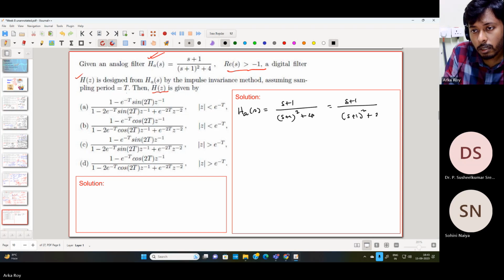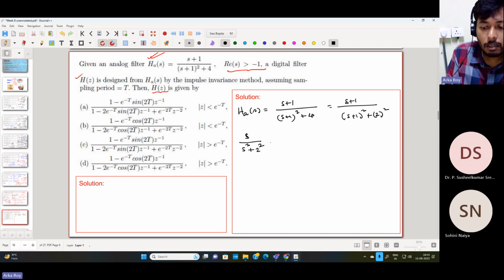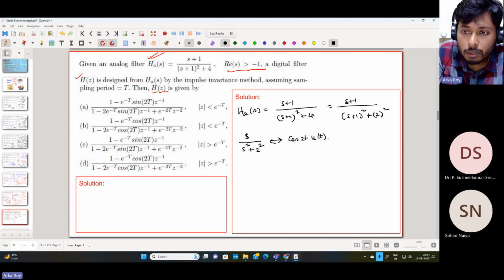So it is 2 square. If I exploit the properties of the Laplace transform, s divided by (s square plus 2 square) is basically cos 2t multiplied with u(t). So if I just omit the 1, it will be s divided by s square plus 2 square.